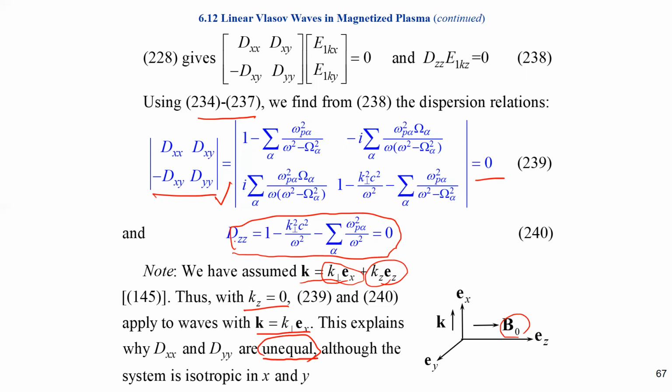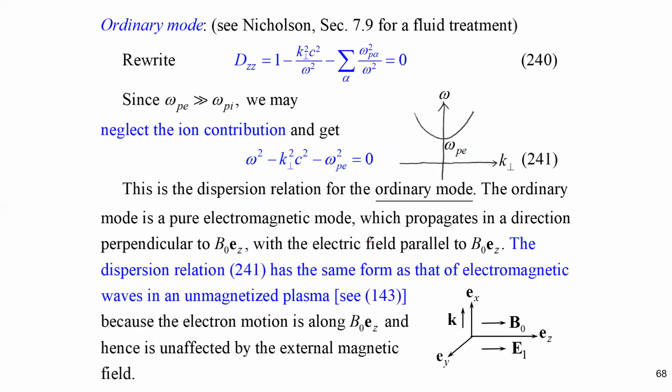First, let's consider the simplest case, that is dzz equals 0. So we have the ordinary mode. That means dzz equals these relations.